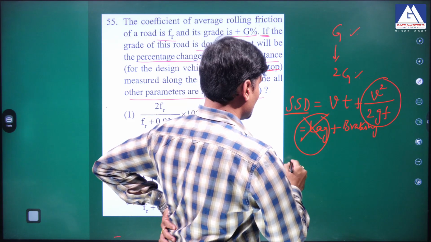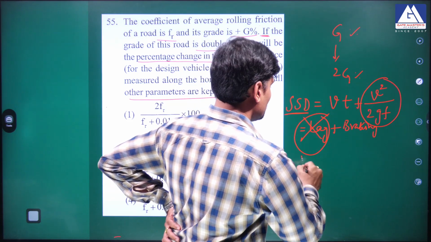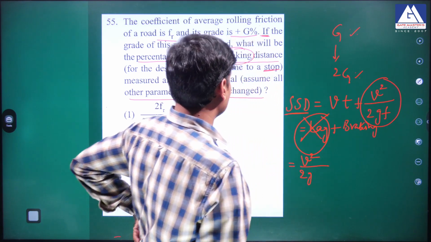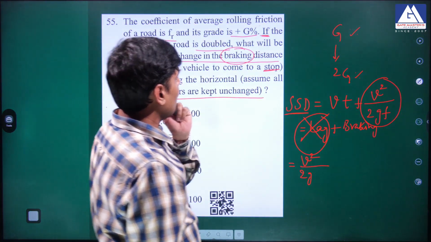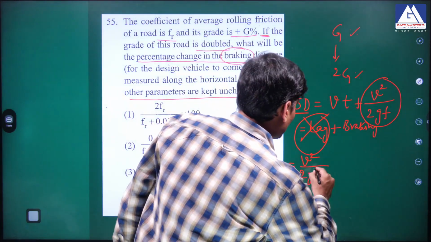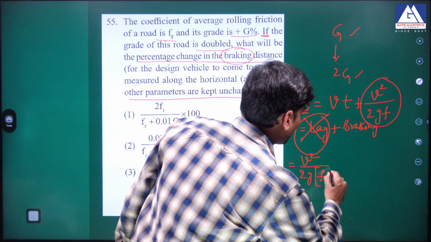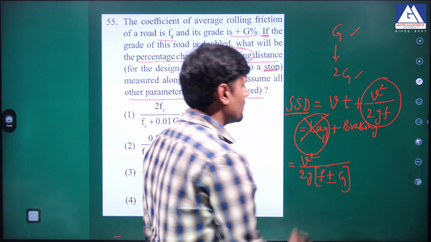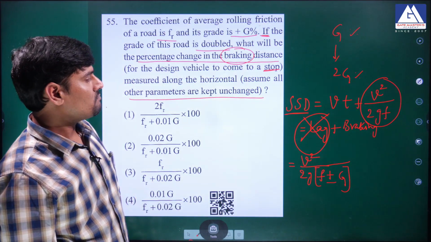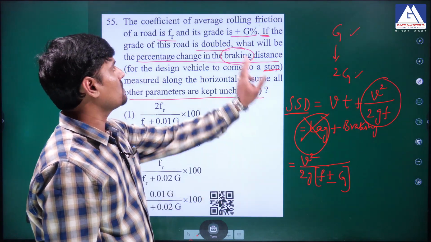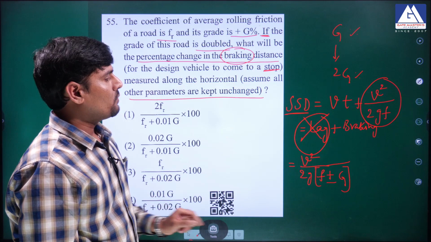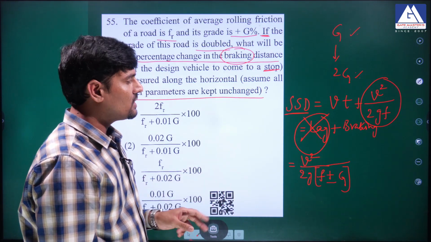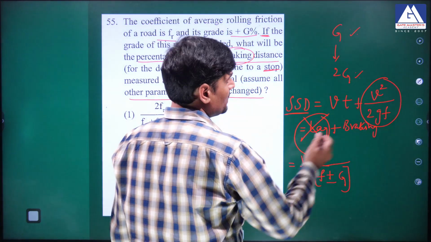So therefore the braking distance is equal to V square by 2g, but at the same time he is saying that there is a gradient. So when the gradient comes into the picture, the formula is something like this, f plus or minus g. But this is for the case, in one case only, when g is equal to g percentage. But when g becomes 2g, then the criteria changes.